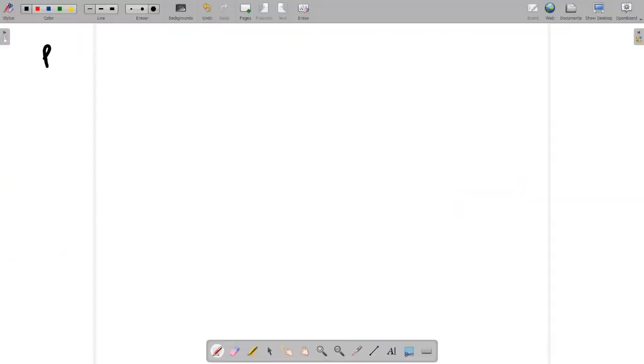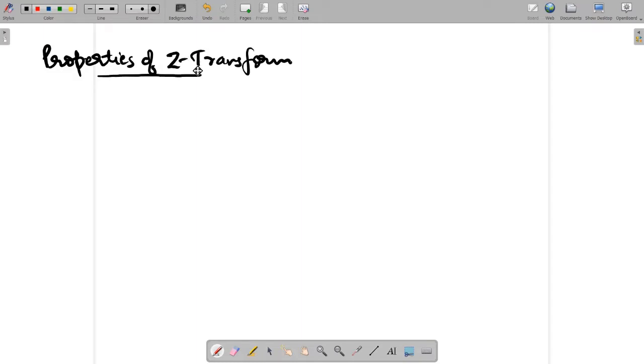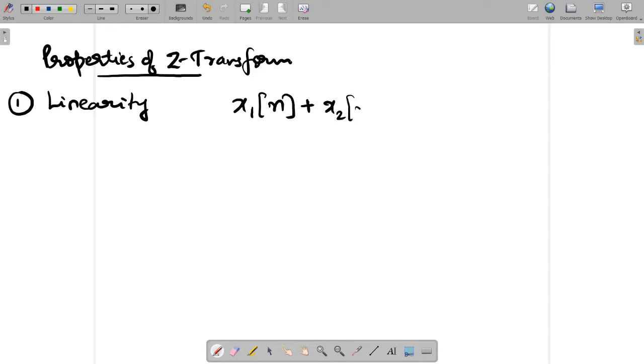We are dealing with properties of Z transform in this video. Let us write down the properties first. First is the linearity property. x1 of n plus x2 of n has Z transform x1 of z plus x2 of z.